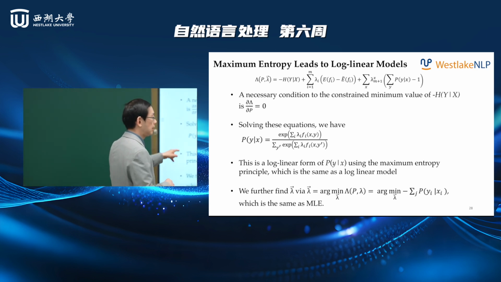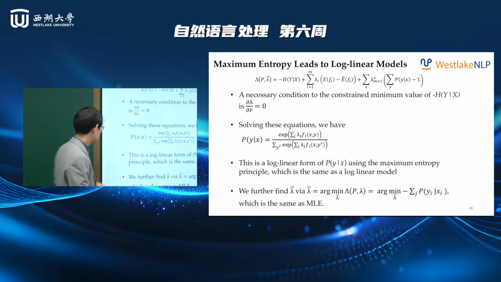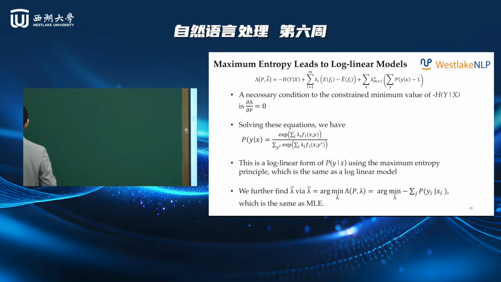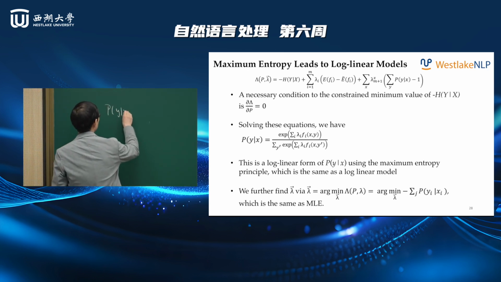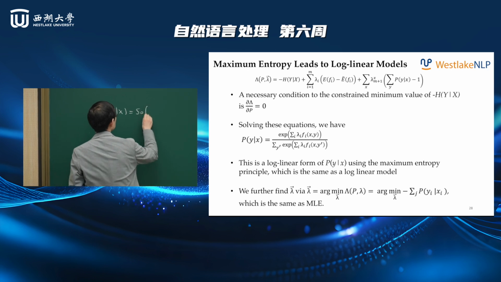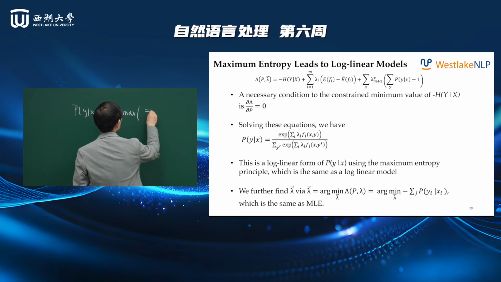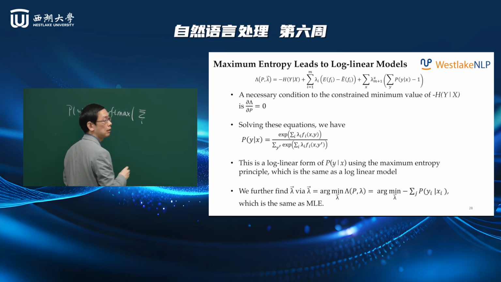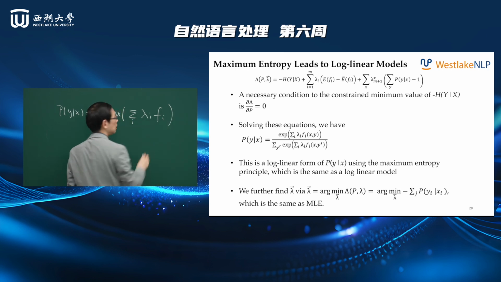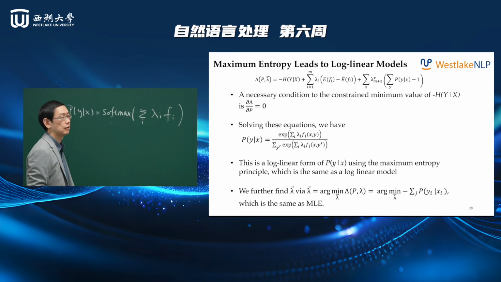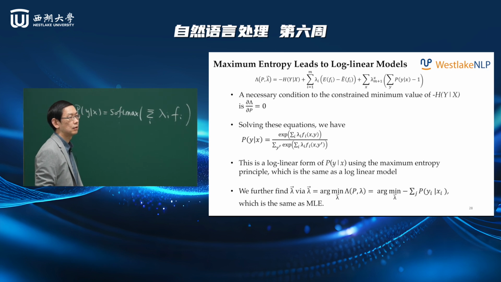What is the softmax about? I'm saying p(y|x) is equal to softmax of the sum over all the features, lambda_i f_i. So what is it?